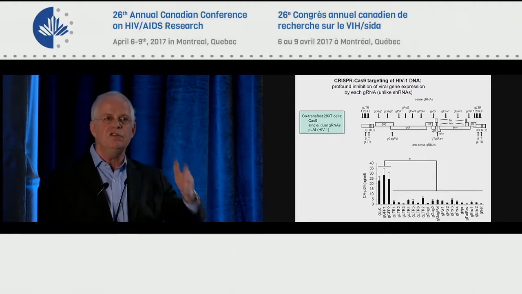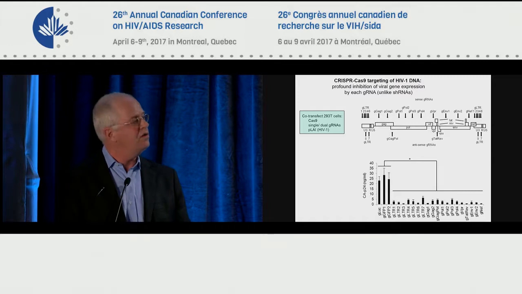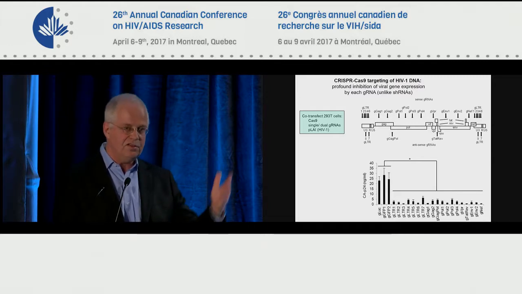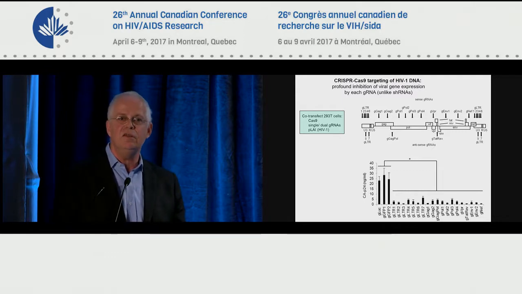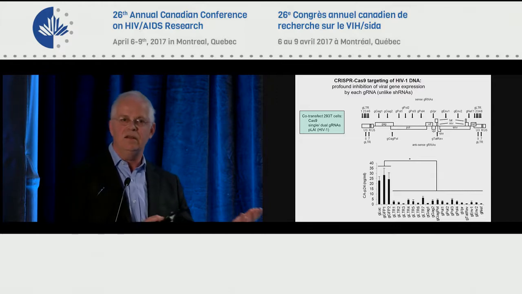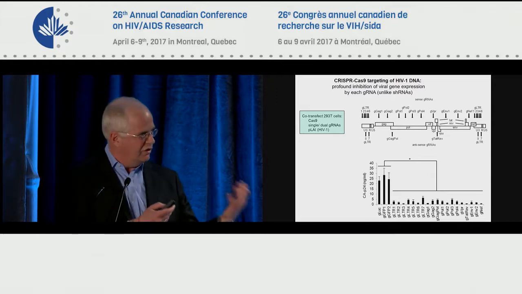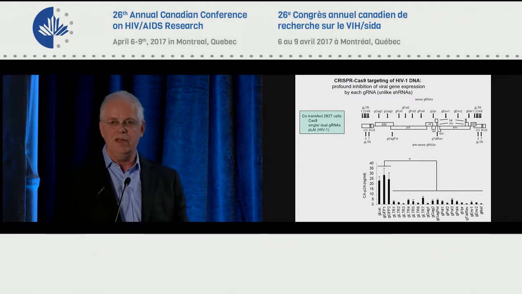At all these positions, we started attacking the HIV-1 genome, and we initially tested the activity of these systems in a very simple transient assay system. For those of you who are interested, regular 293T cells, in which we transfect all the components, Cas9, the guide RNA, or the gene encoding the guide RNA, and of course HIV-1 to score virus inhibition.